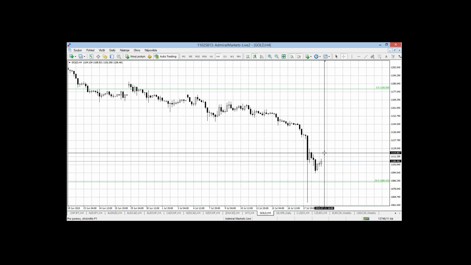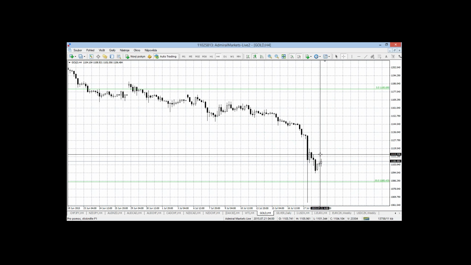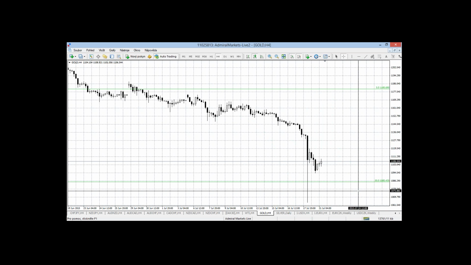But let's see, upside does not seem that attractive either to me. I will basically wait and see how this corrects. Just waiting for more info.